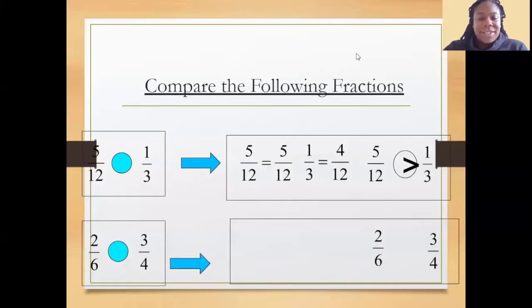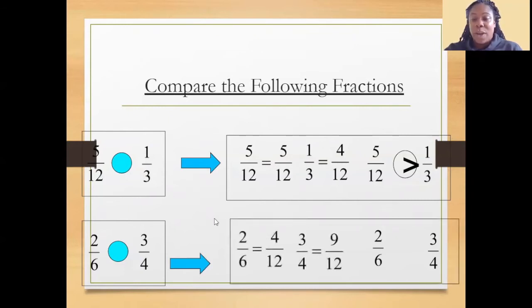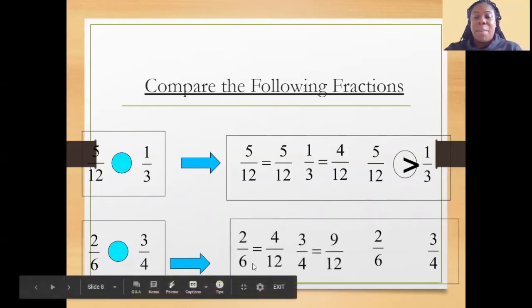All right, 2/6 compared to 3/4. You were to try this one on your own, and you should have come up with the common denominator of 12 as well. When I found the common multiples of 6, 6 times 2 gives me 12, and 2 times 2 gives me 4.